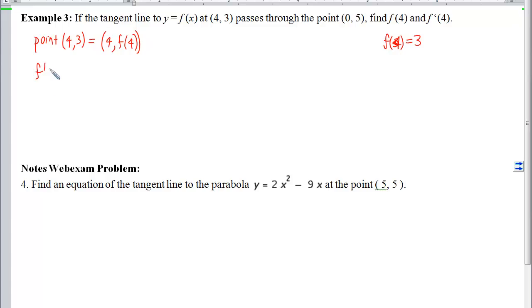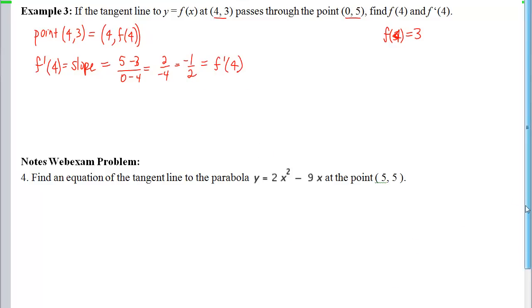And f prime of 4 is the slope that goes with that point. We were given 2 points on the graph of that tangent line. So that slope, which is 5 minus 3 over 0 minus 4, which is 2 over negative 4, or negative 1/2, is going to have to equal f prime of 4.